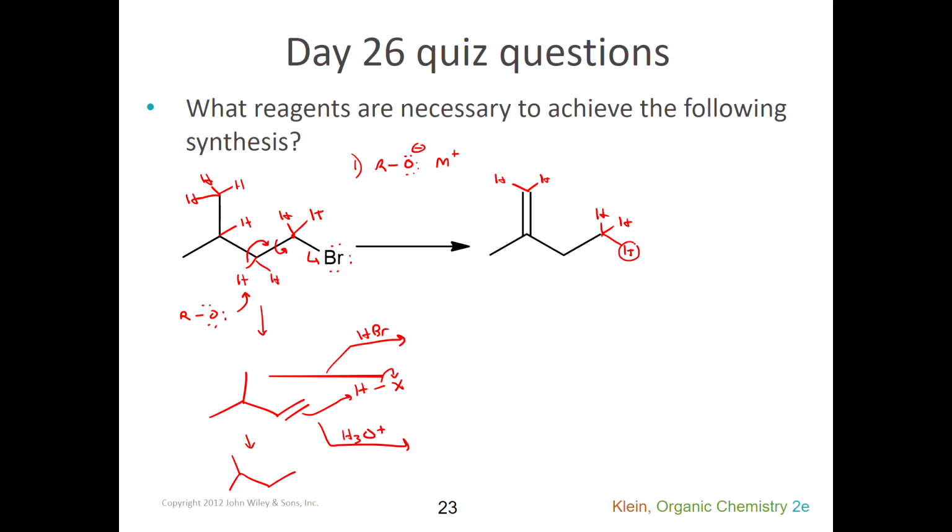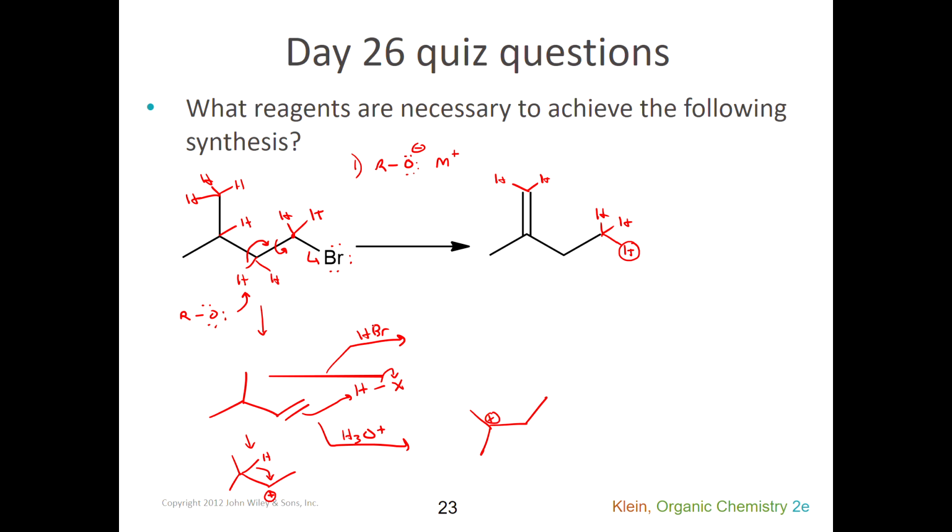So that's how I've installed this hydrogen in this step, by making the pi bond first, having it pick up a proton, and forming a carbocation. Then I do expect the very next thing to occur is a carbocation rearrangement. Once that happens, that should give me a carbocation on the end of the structure.